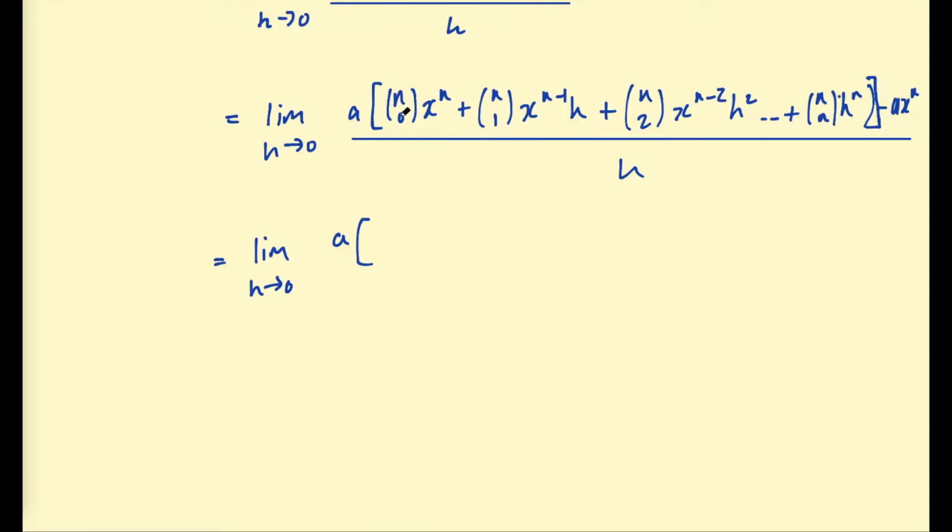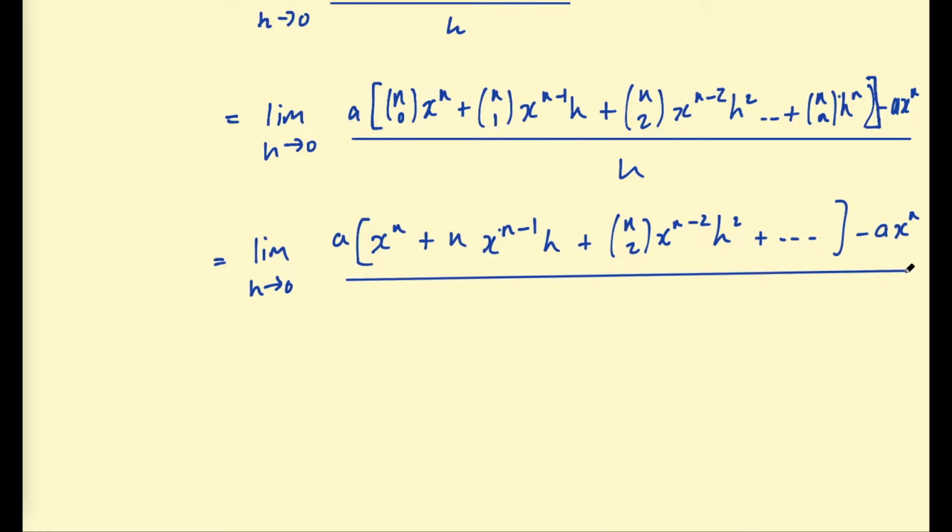So n choose 0 is 1, so that first term is just x to the n. n choose 1 is n. So the second term is n x to the power of n take 1, h. The third term in that expansion, well, let's just leave it as is, and so on. And then we subtract ax to the n, all over h.